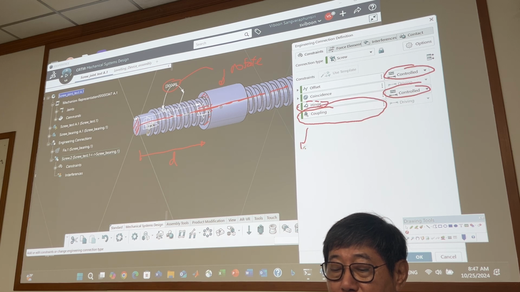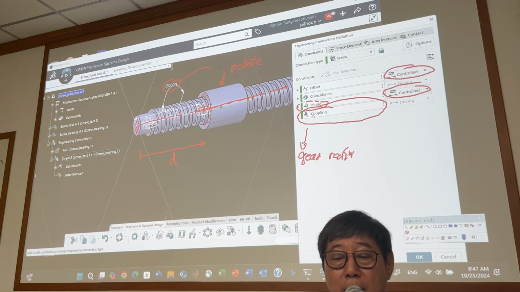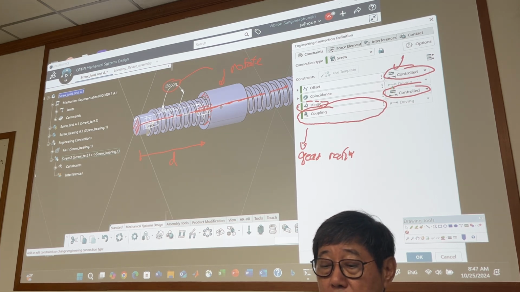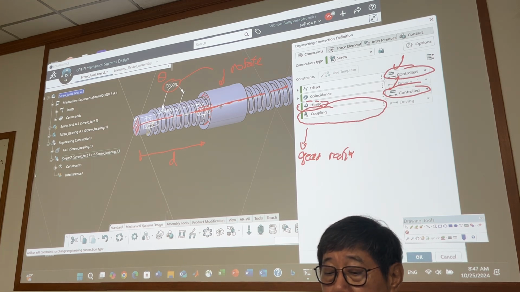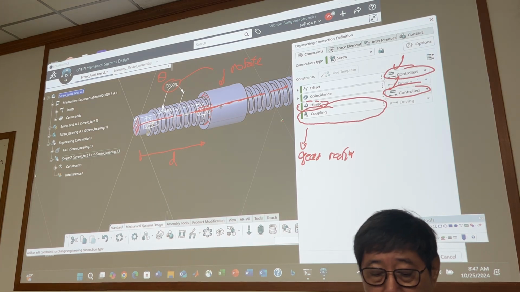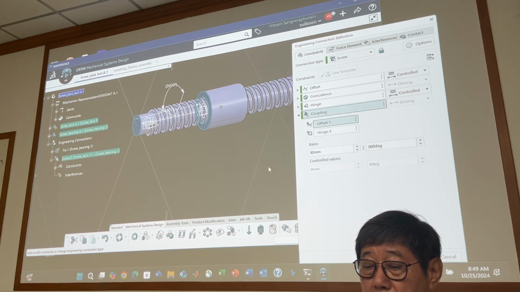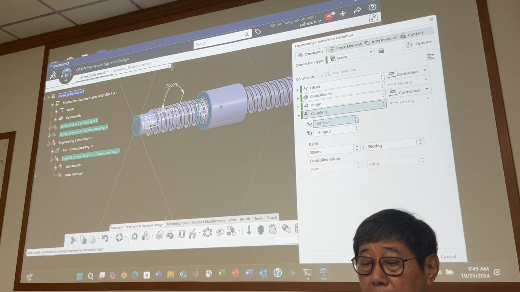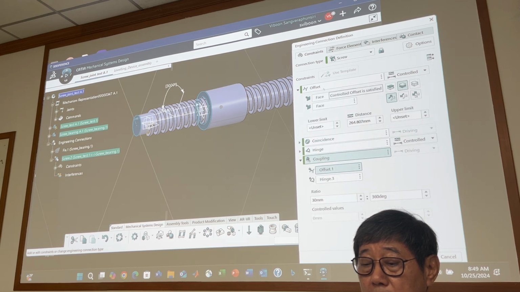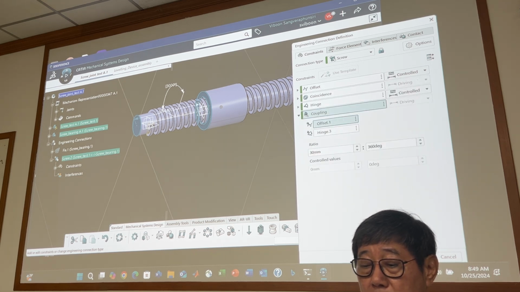Coupling is a gear ratio in this case, right? So how do you relate these two controls, theta and distance, with this coupling, right? Look at this one. You see inside here. Let's see, from the start. Yeah, the offset is this one, right? The offset between this and this, right? These two, sorry.